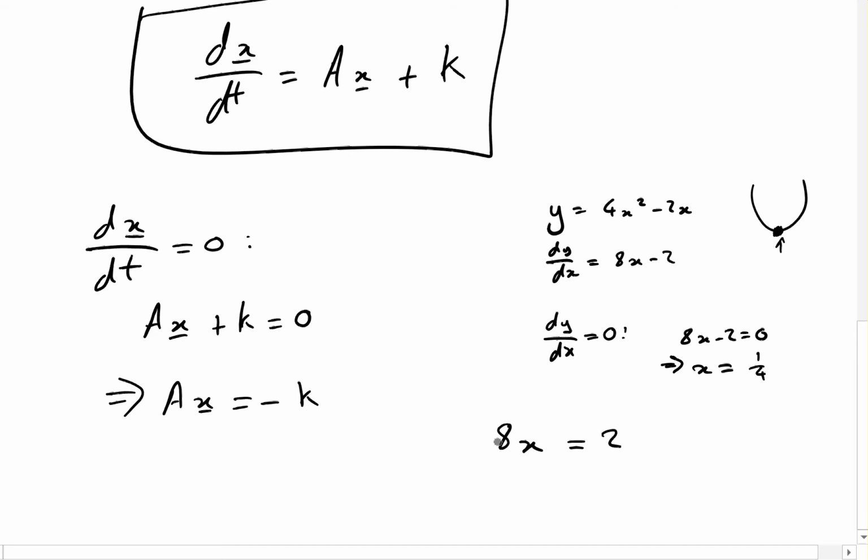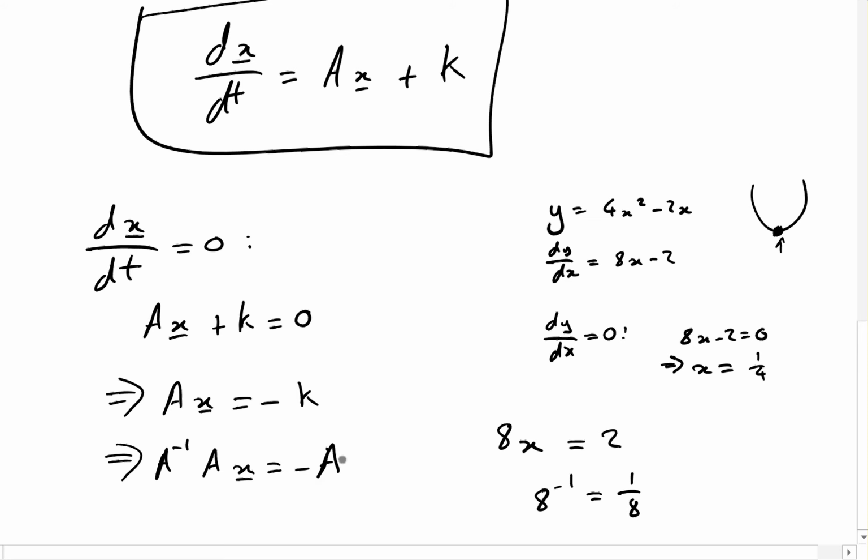But then we divided by 8. The other way of thinking about that is multiplying by the multiplicative inverse of 8, which is 8 to the minus 1, which is 1 over 8. So that's effectively what we're multiplying both sides by. If you multiply by the inverse of A on both sides, we get this.